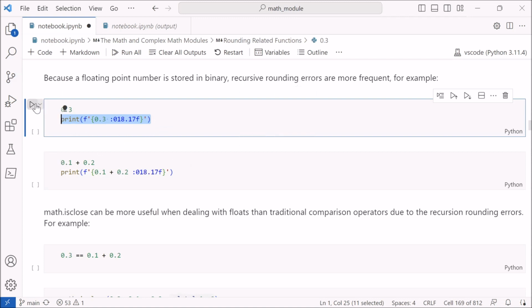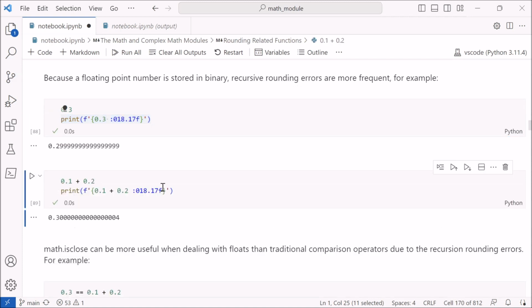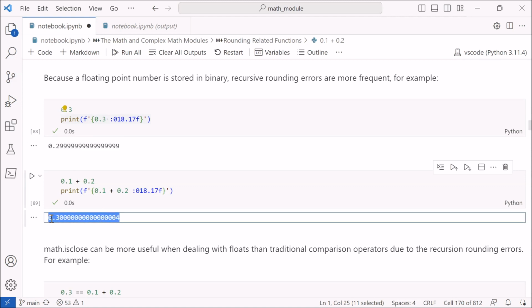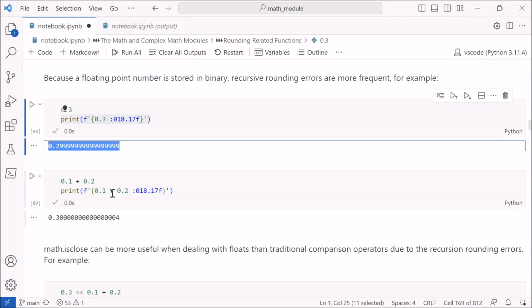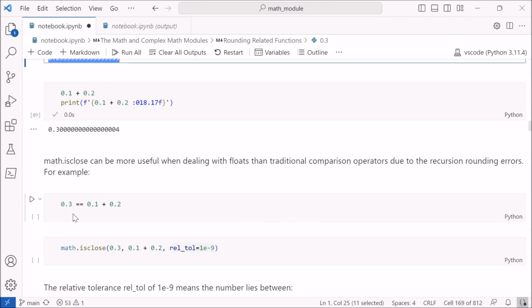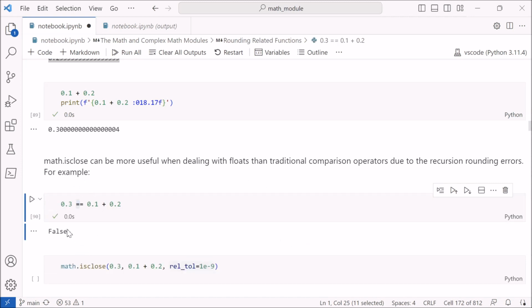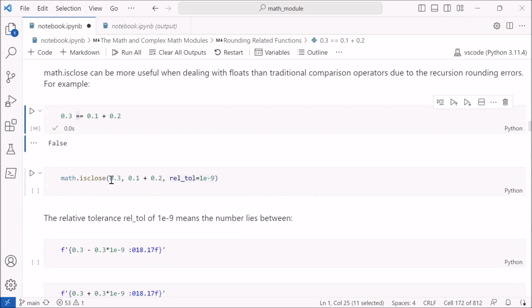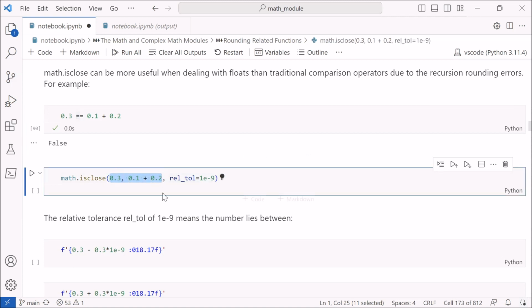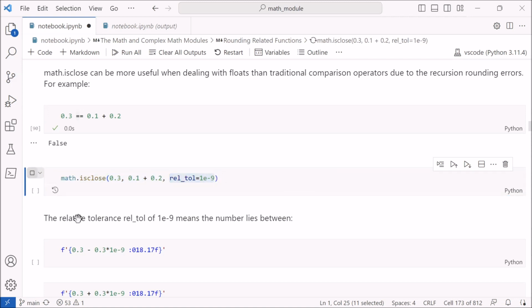We're also going to compare this to 0.1 plus 0.2. Notice, with all these digits specified, that this number and this number are different. So if we use the comparison operator to check whether the left-hand side and the right-hand side are equal, we're going to get false. If instead we use the math.isclose function to check whether the left-hand side and right-hand side lie within a relative tolerance of 1 times 10 to the power minus 9, we get true.